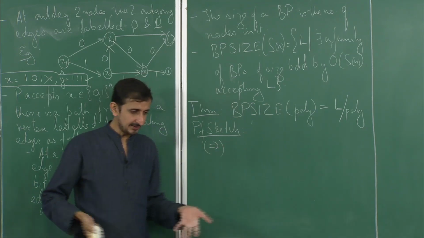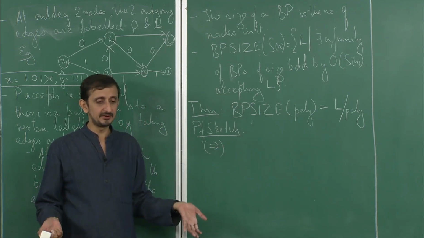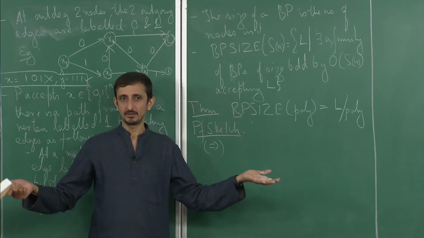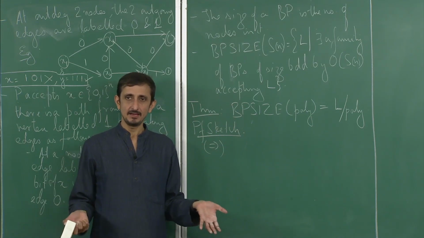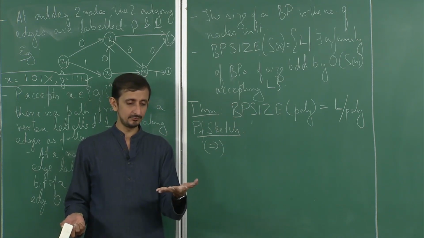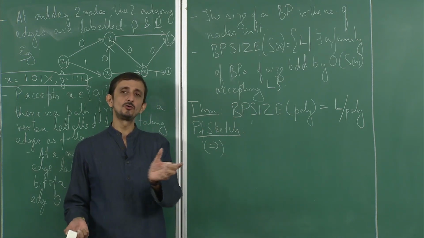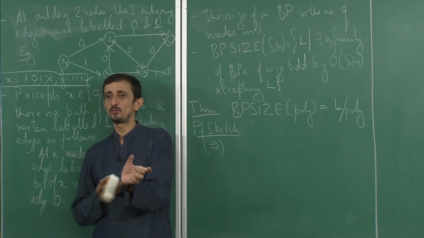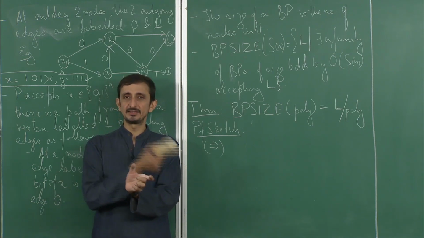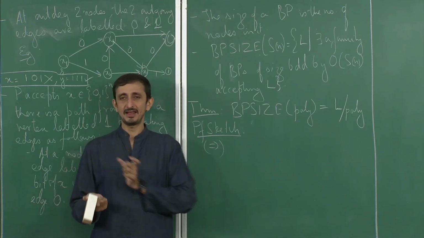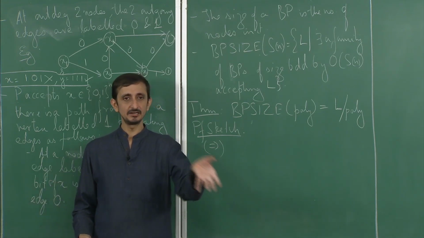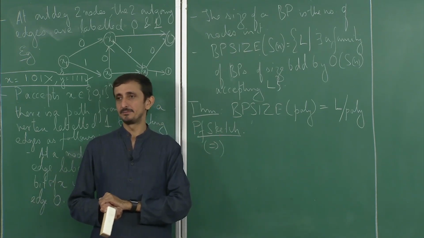So the way you define the Turing machine is it would simulate. Think of that branching program as a DAG. Now given an input, what do I have to do? Whenever I reach a node of the branching program, I look at the input and decide which edge to take, the edge labeled 0 or the edge labeled 1, and I take that edge. I continue doing this until I reach a node that is labeled 0 or 1.